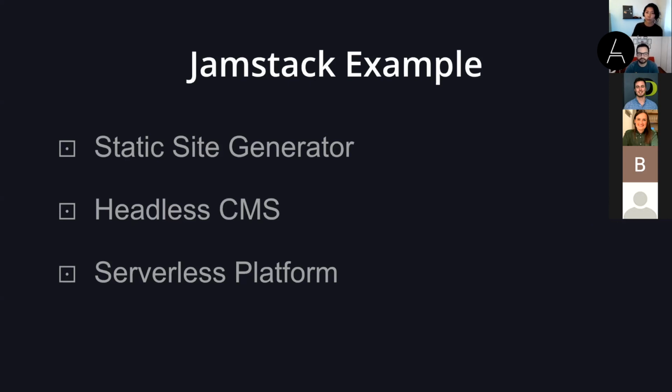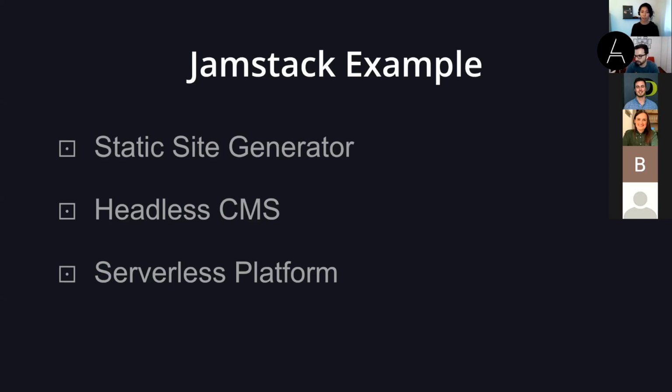For Jamstack, we took a look together at what Jamstack is about, how the idea came about, what the traditional approach was, and what the approach is nowadays. Of course, it would be easier for everyone to understand with a couple of clear examples.